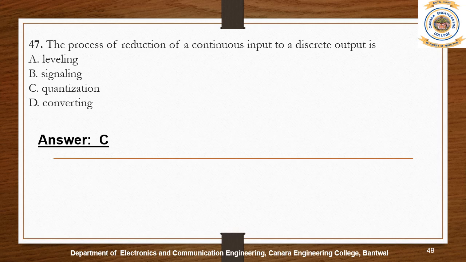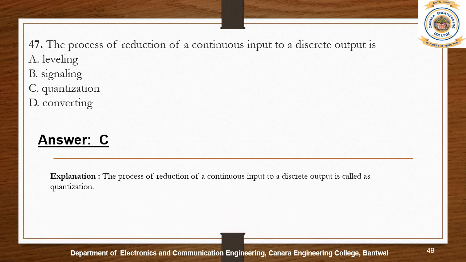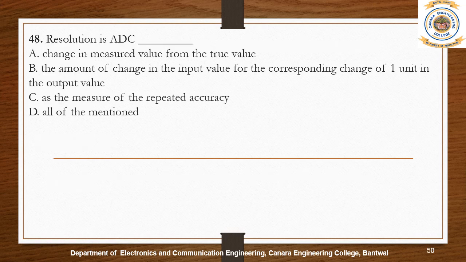And equalizing is clipping off the uneven part on the top of the sampled signals. So the important process of converting an analog signal into digital is done by the quantizer.